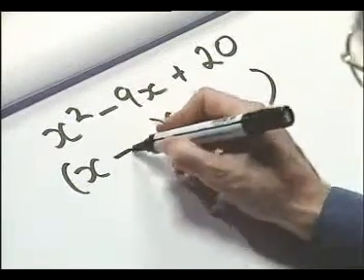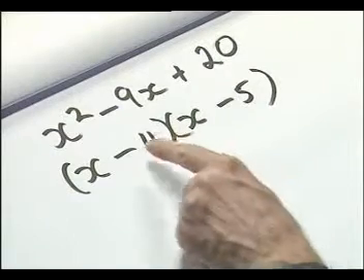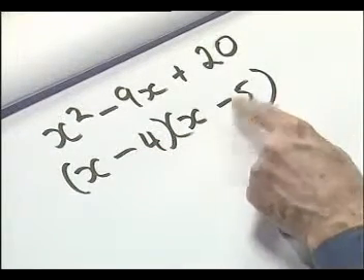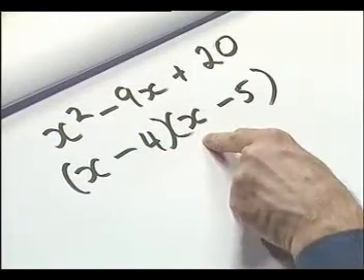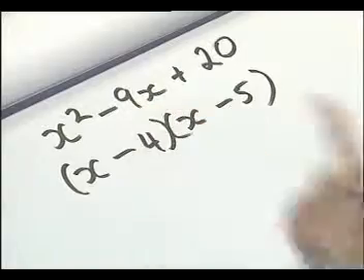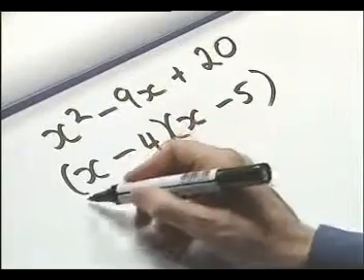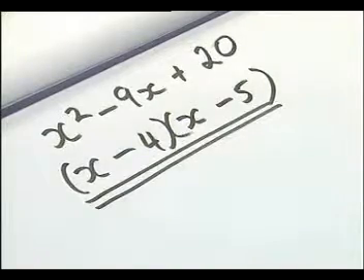So perhaps what I need is minus 4 and minus 5, because minus 4 times minus 5 is going to give me plus 20, and minus 4x minus 5x is going to give me minus 9x. So I've done that one by inspection.